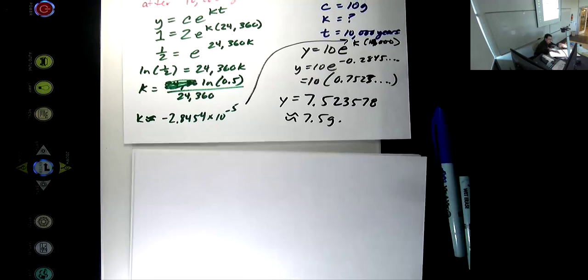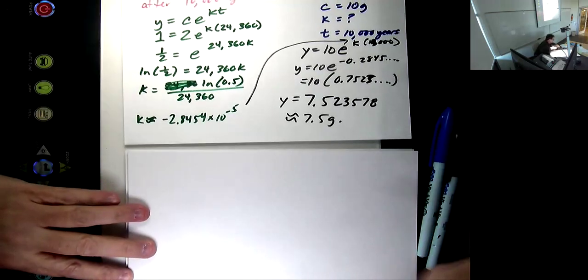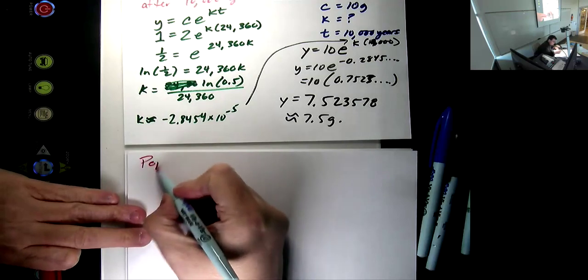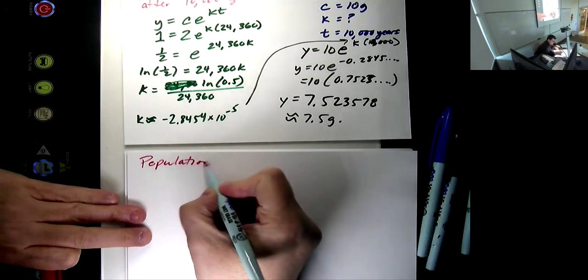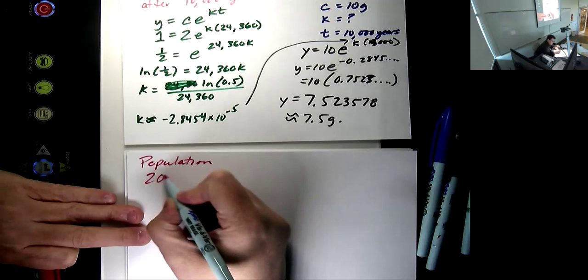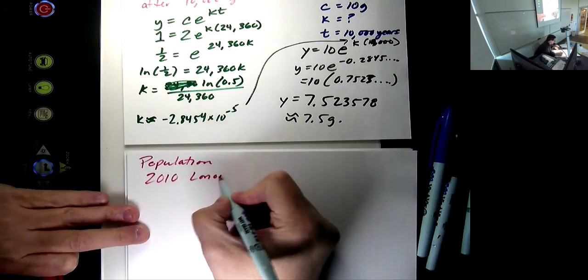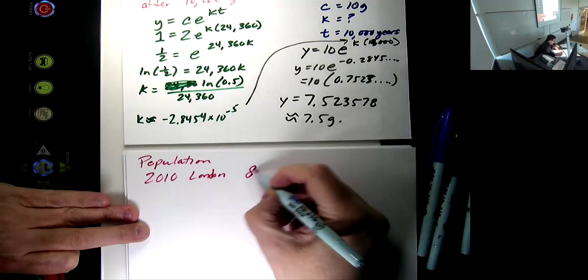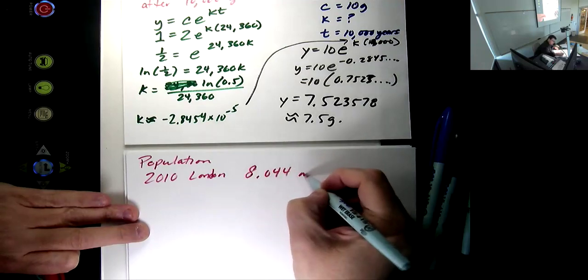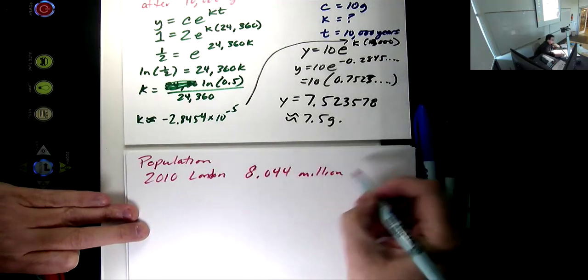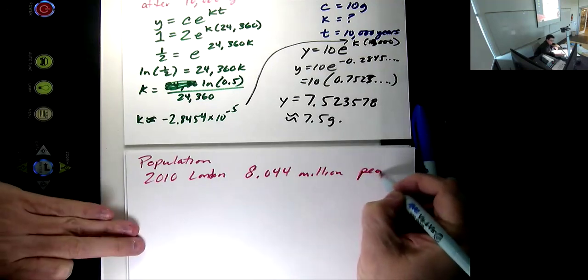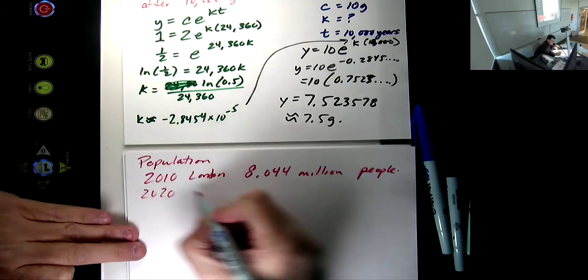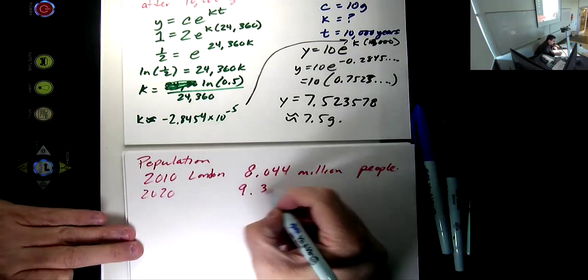Let's look at a population model. I pulled these numbers from a website. In 2010, London had 8.044 million people. In 2020, it has 9.304 million people.